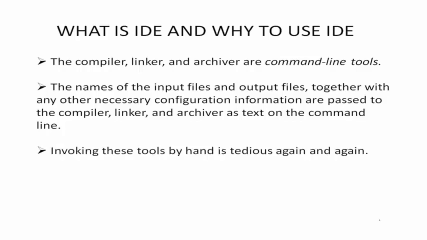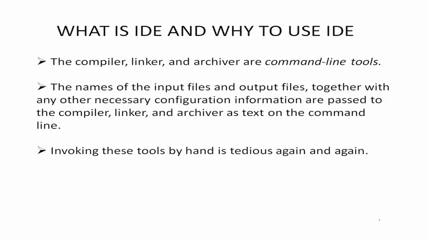So invoking these tools by hand is tedious. For example, when you develop a program, you want to check that program again and again, to make sure that it is working properly while developing. At that time, invoking these tools from the command prompt is tedious. You can't write all these things again and again.